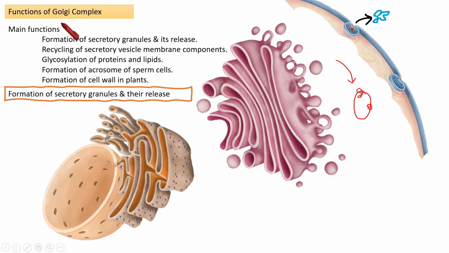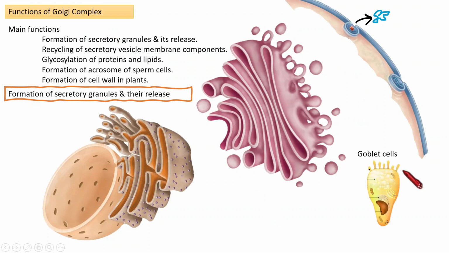This Golgi complex is predominant, especially in a special type of cell called the goblet cell. What are goblet cells and where can we find them?